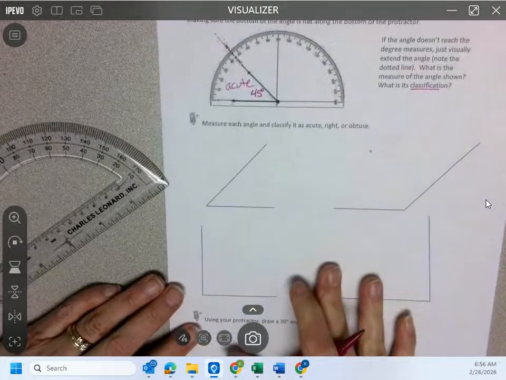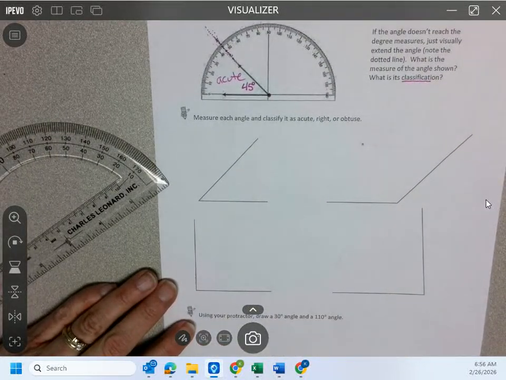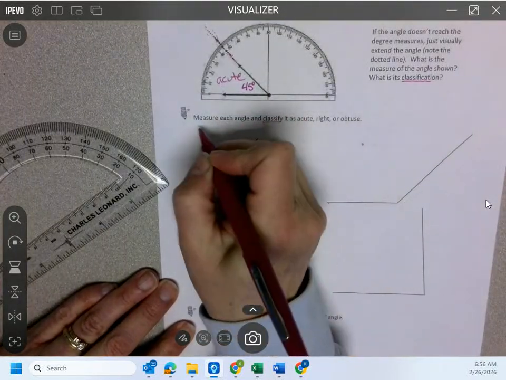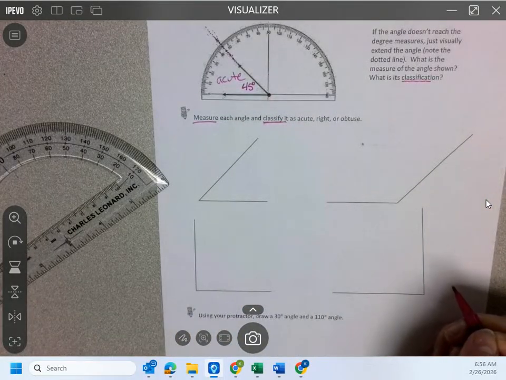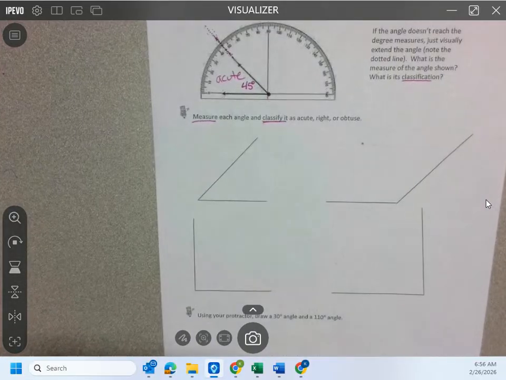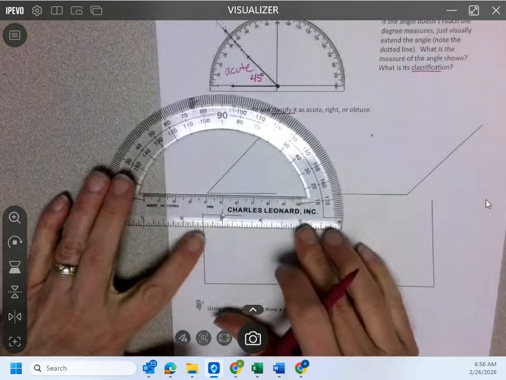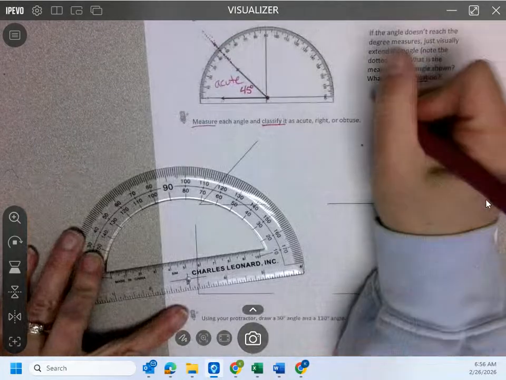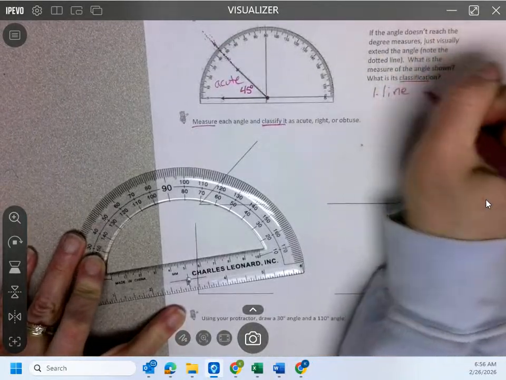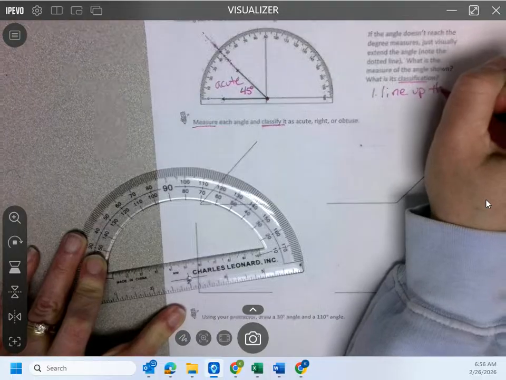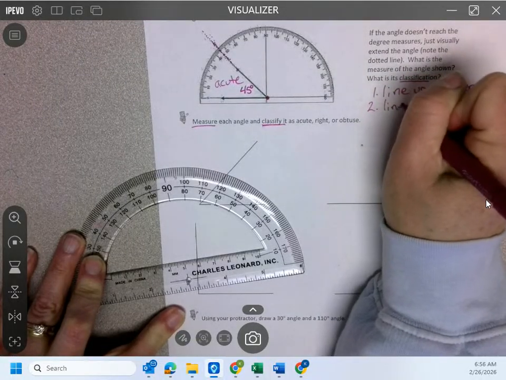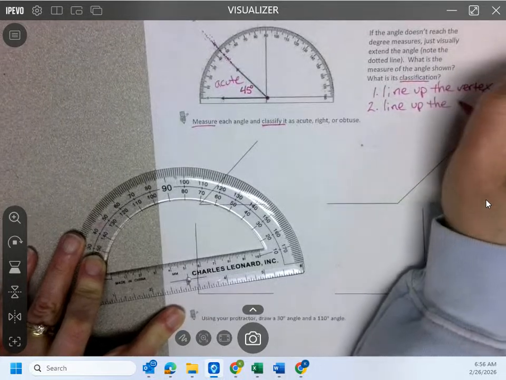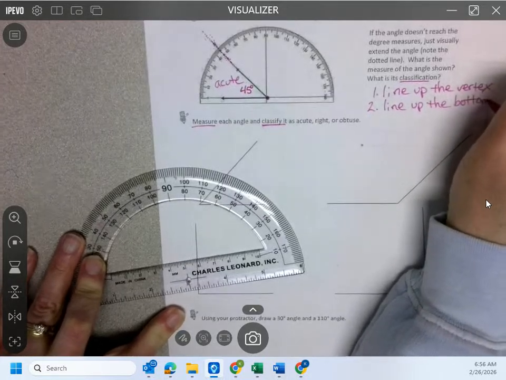Okay. So now it says measure each angle and classify it. So I need a measurement and a classification. Is it acute, obtuse, or a right angle? When we look at this first angle on here, our first step, remember, so step 1, line up the vertex. Step 2, line up the bottom line of the angle.